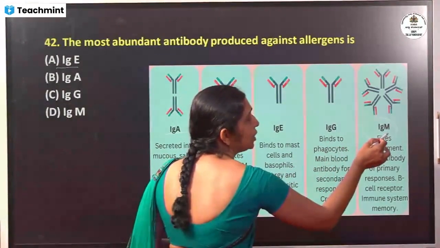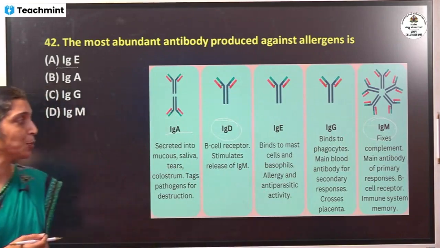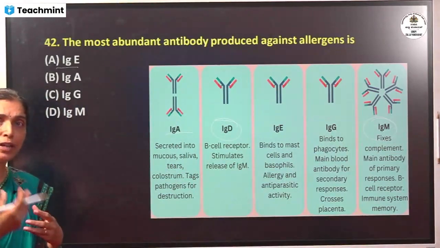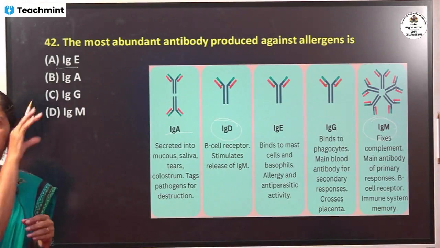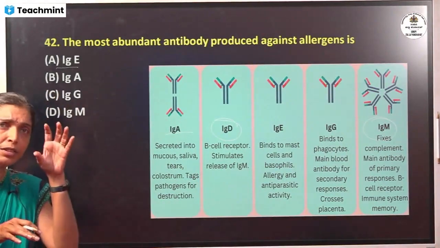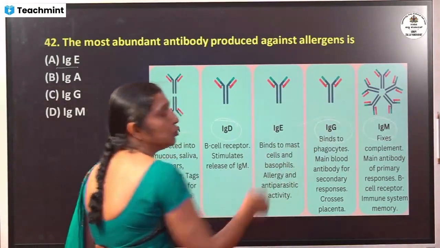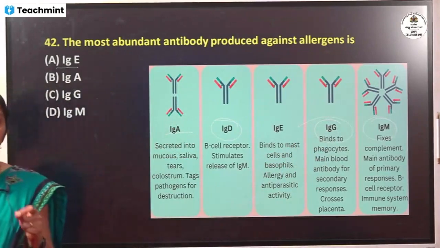Now, this IgM is one of the main antibodies of your primary response, and it is part of the immune system memory, we call it the B cell receptor and the immune system memory. We have IgG, which usually binds with your phagocytes.